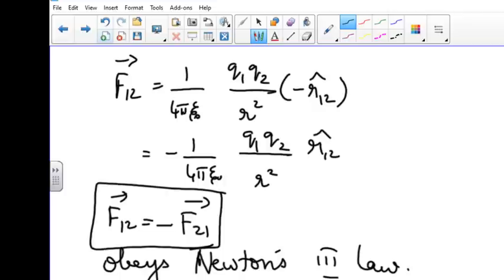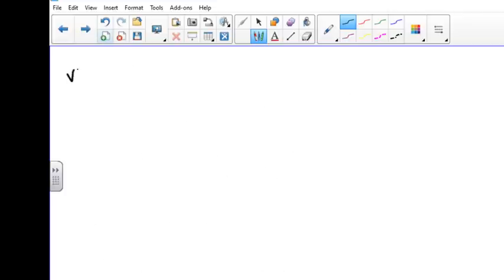And what is the next aspect? That is the eighth aspect. The expression for Coulomb force is true only for point charges. So the point charge is actually an ideal concept. It is very difficult to obtain a point charge.